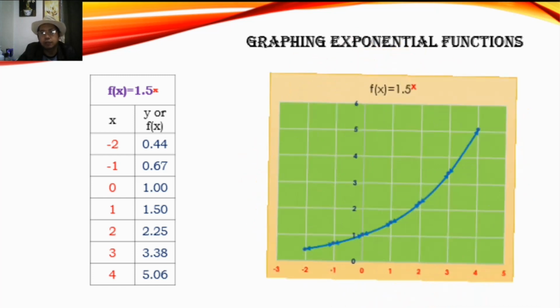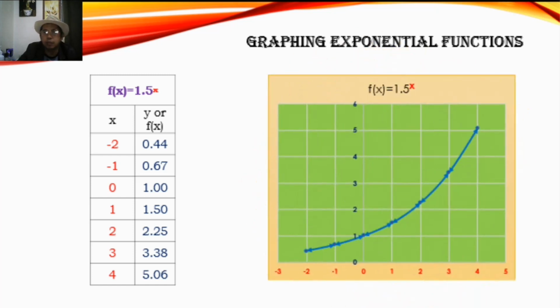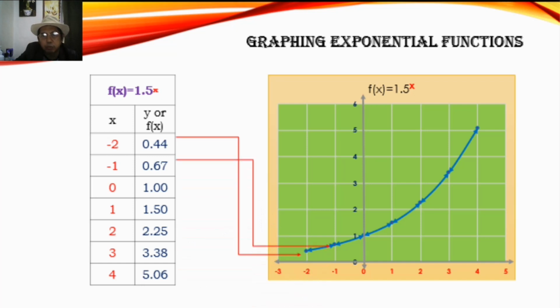So let's focus now our attention on the graph. So I have here the graph of the given function or the evaluated function. You will notice here that if I have negative 2, my result would be at 0.44. So it is here. The next one would be if I have negative 1. So here is my negative 1.